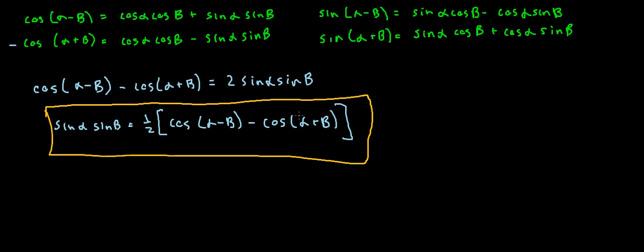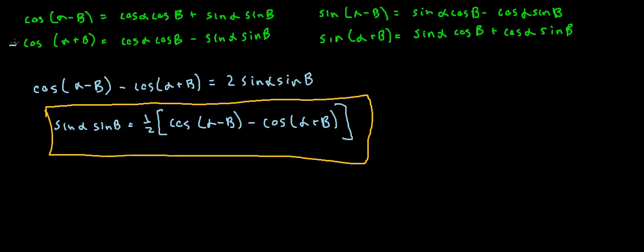So I'm left with the product of two sines, then I'm left with the sum, well in this case they're being subtracted, but the same idea, the sum of two cosines. So that's the idea of these formulas.